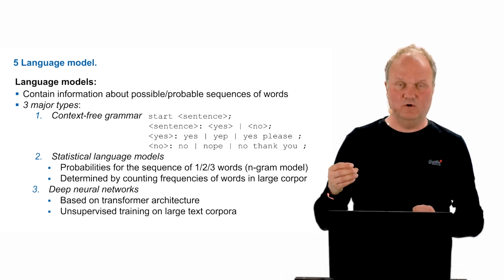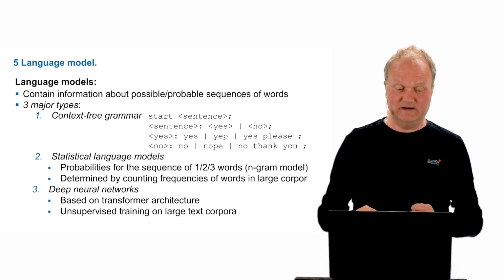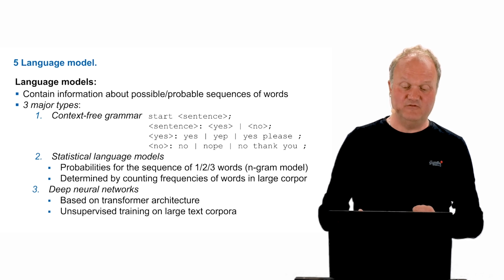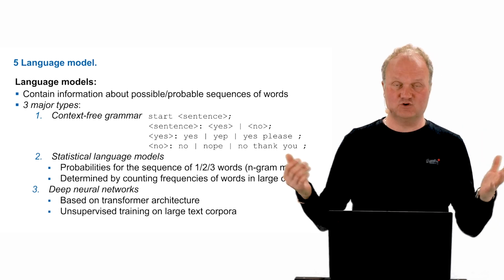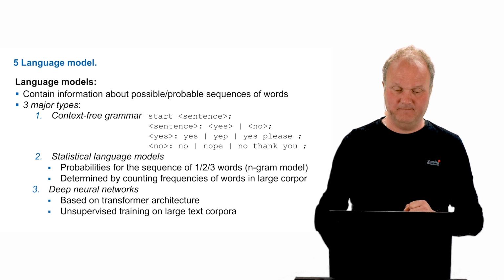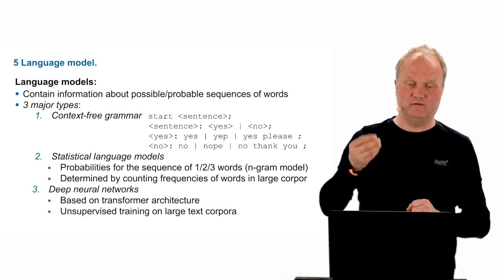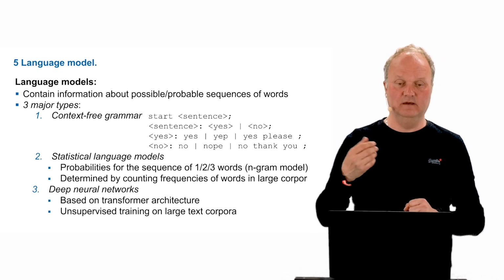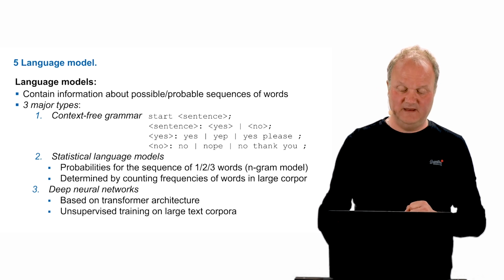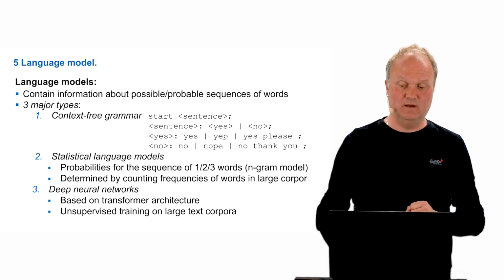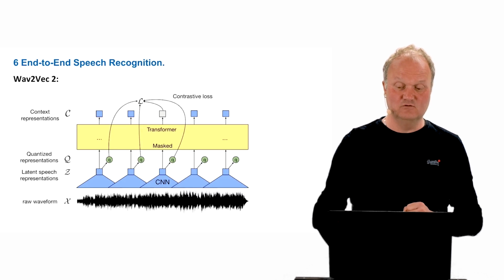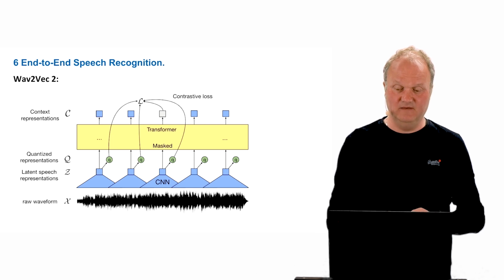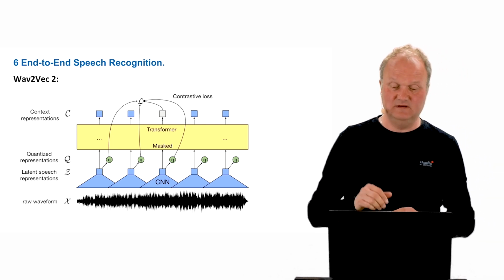These deep neural networks are again based on transformer architectures and use unsupervised training on large corpora of text. And as you have seen, also the classification problem can be based on transformer-based neural networks. So we can think of perhaps doing the entire speech recognition process as a big neural network. And this can be done and has been proposed in recent years.